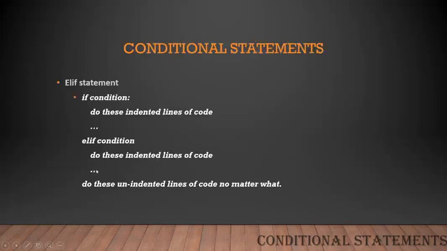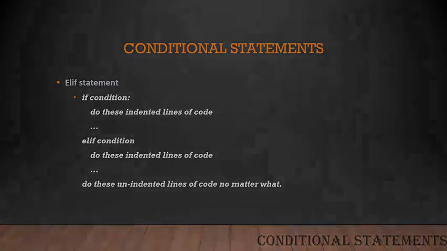After this you can have an else condition, which I have not shown here, to execute anything else, or you need not have an else condition. It is not mandatory, but before an elif condition you should definitely have an if condition. After that, the unindented code will run no matter what. In the next video we'll see examples for our conditional statements.